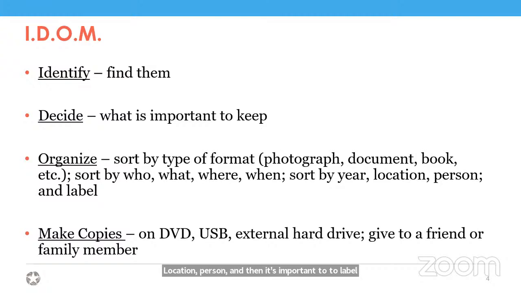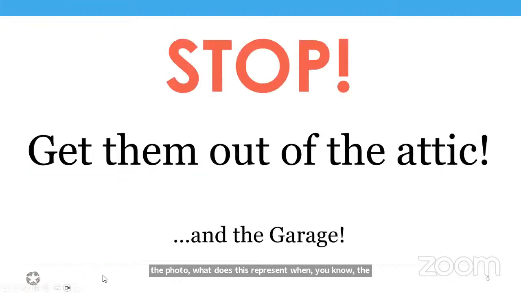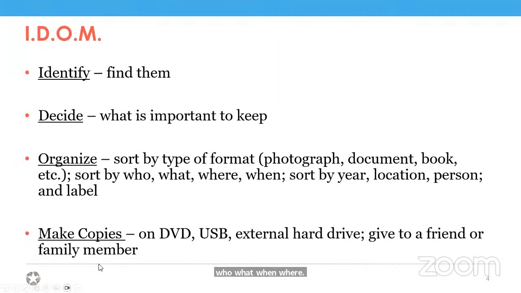You can make a list, make an inventory, if you will, and then label and identify as best that you can as you're going through and organizing. Who's in the photo, what does this represent, when, the who, what, when, where, and then, oops, keyboard mishap. And you want to make copies.